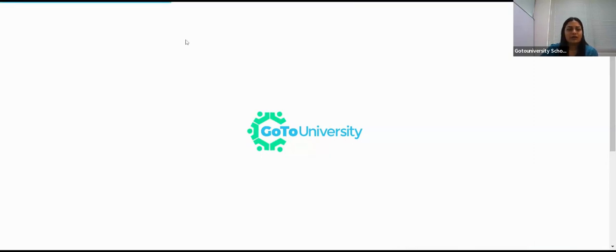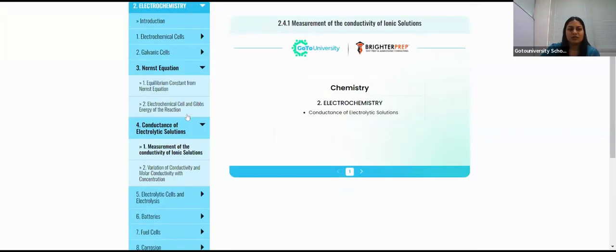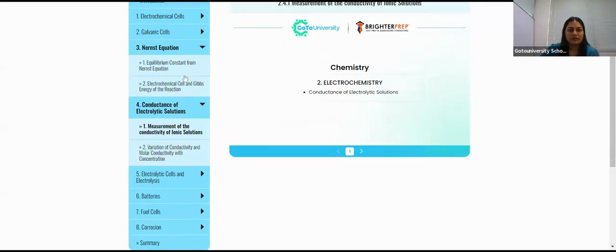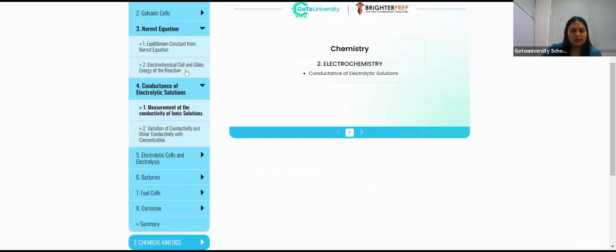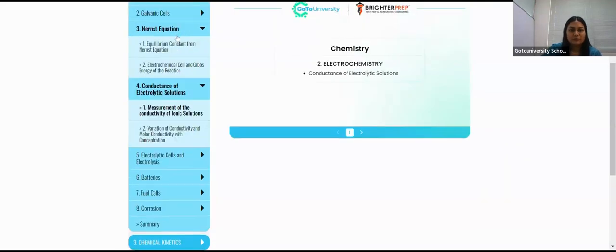We have done their constructions and the working of the cell. We deeply understood the working of the galvanic cell and how to apply the Nernst equation, what the Nernst equation is, and the equilibrium constant that relates to the Nernst equation. We have studied about Gibbs free energy also.